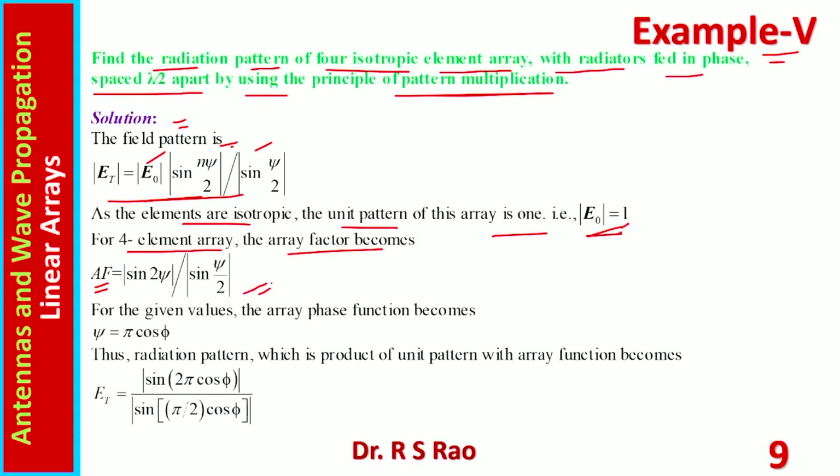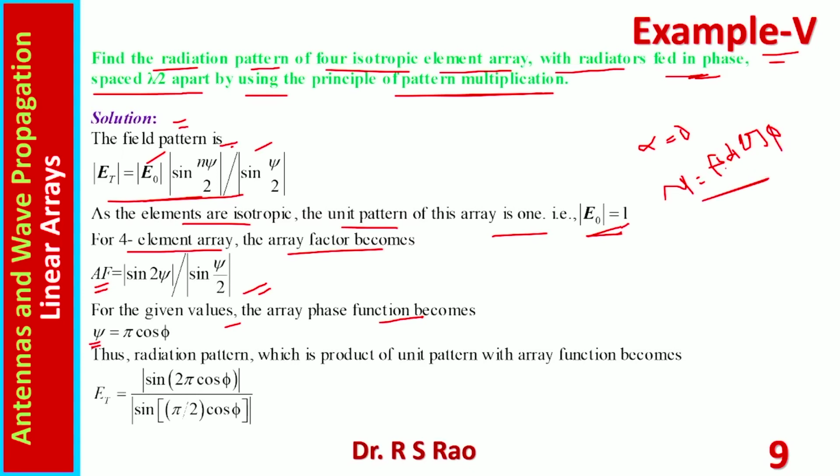For the given values, array phase function psi is pi cos phi. How has this come into being? Radiators are fed in phase, therefore alpha equal to 0. Psi is beta d cos phi plus alpha. Alpha is 0, therefore psi is beta d cos phi.